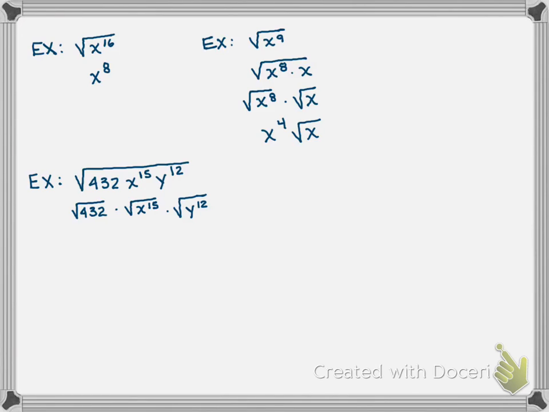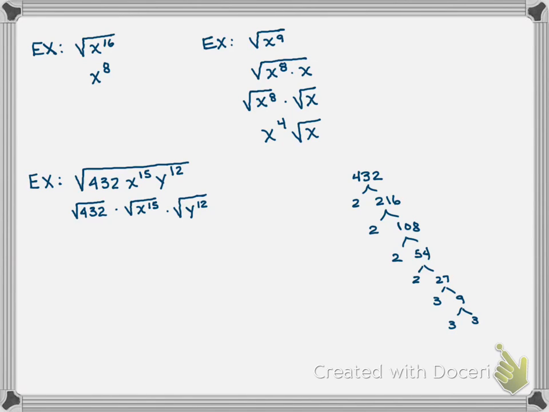So we'll start with the prime factorization of 432. So 216, which is 2 times 108, which is 2 times 54, I'm running out of room, which is 2 times 27, which is 3 times 9, which is 3 times 3.